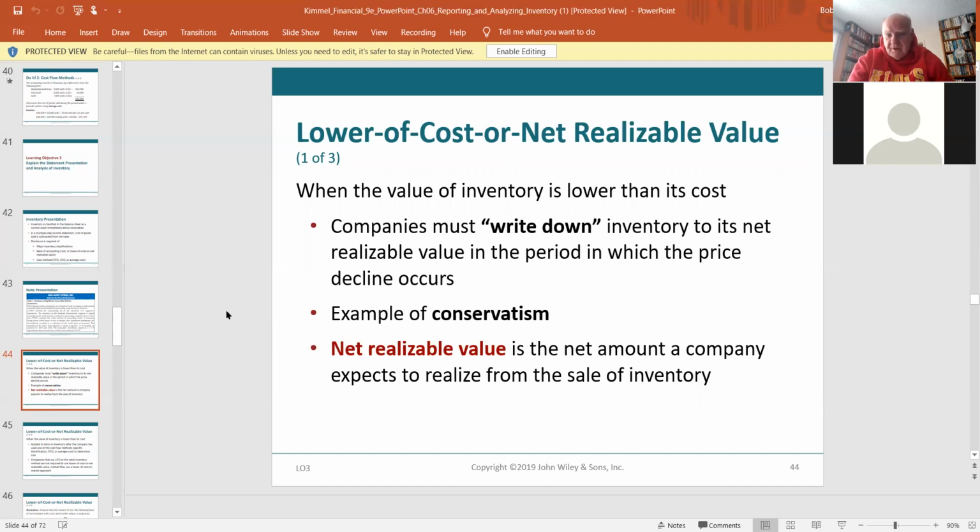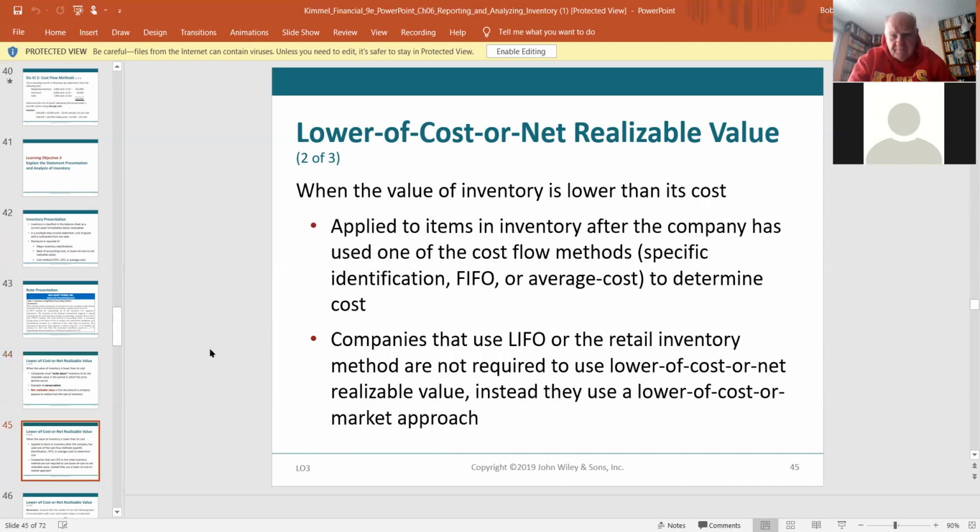That principle says you always record and recognize losses when they occur, but you can never, ever anticipate a gain. You can only anticipate a loss. The gain comes when you actually sell the goods, okay? Net realizable value is the net amount a company expects to realize from the sale of the inventory. Lower of cost or market applies when the value of the inventory is lower than cost, all right?